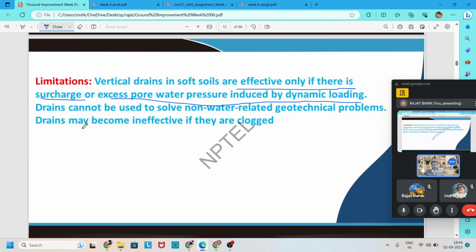To reduce this clogging, we apply filter material around the drain, like geosynthetic material or other material, to pass only water into the drain. So if there is clogging, the drain may be ineffective.